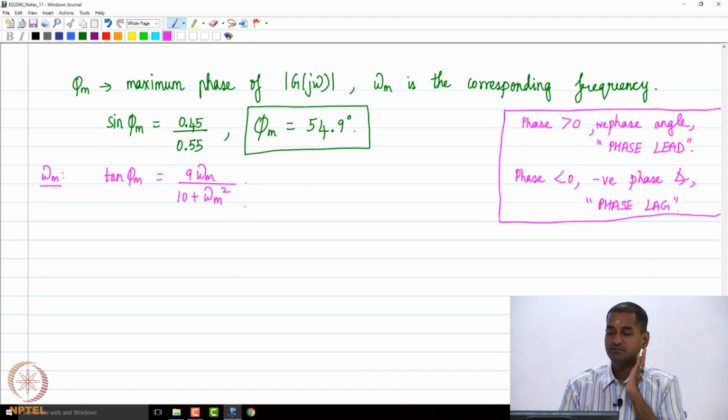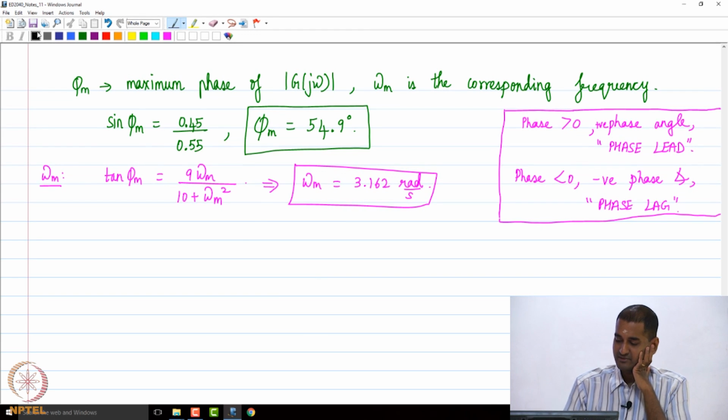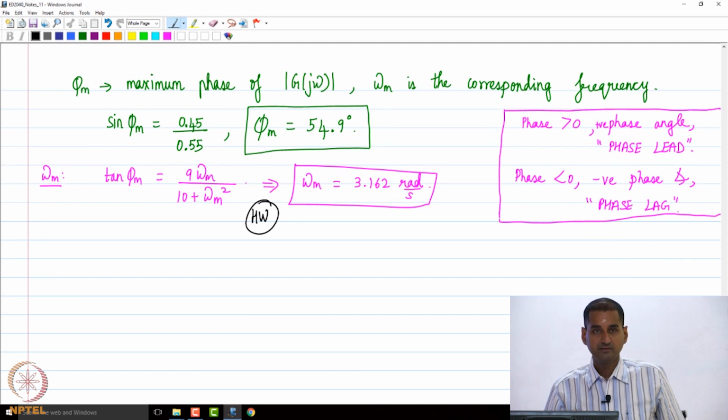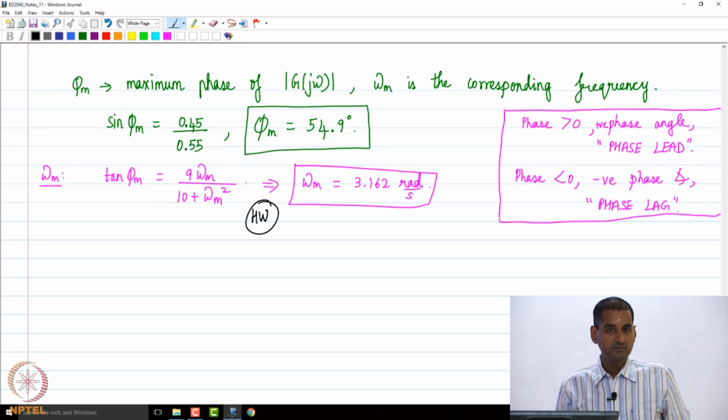If you solve this, you will get omega m equal to 3.162 radians per second. Please do this as homework once again. This is also a homework problem.